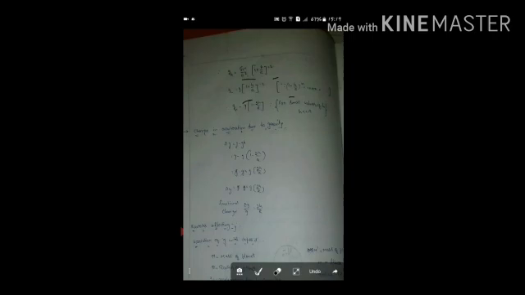Here there is a formula, 1 plus x whole power n, we can write as 1 plus nx plus many more terms after that. These are very small, so we can neglect them, and we can write only 1 plus nx. We take h by r as x, then we can write g into 1 minus 2h by r.